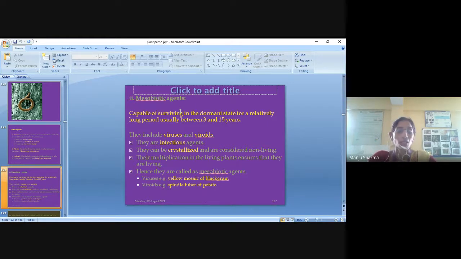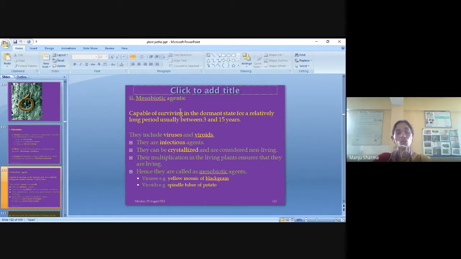That means if the host is living, they act as a living organism, and if the host is non-living, they also act as a non-living organism.